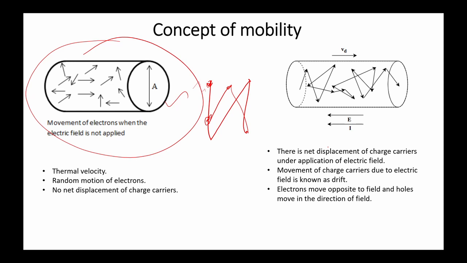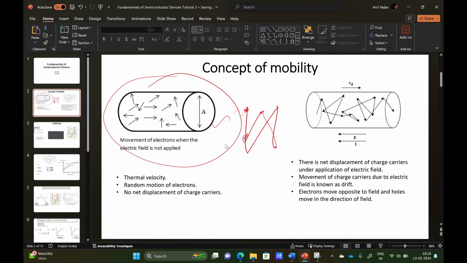There are about 10 raised to power 23, Avogadro number of atoms per centimeter cube. So we cannot talk about a single atom. We always talk about an ensemble of the electrons.